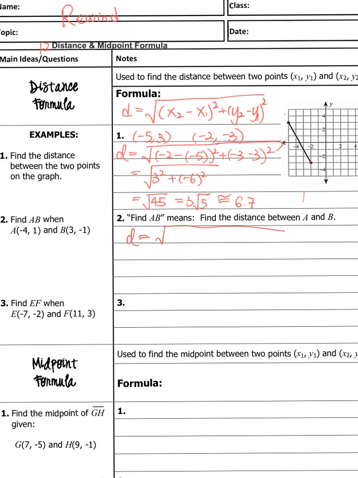So in this case, I will do x2 minus x1, so that would be 3 minus -4 squared plus -1 squared. And I should have 7 squared and -2 squared and square root of that. If I do my math correctly, I should have square root of 53. So in this case, my calculator tells me it's approximately 7.3.